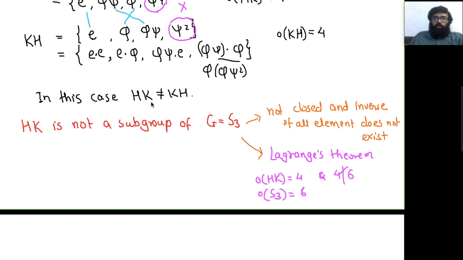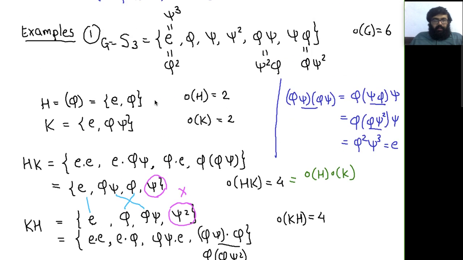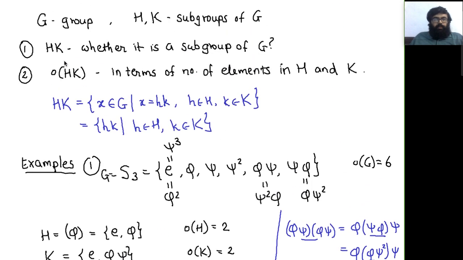One thing to observe is that HK is not equal to KH, and here we observe that this is not a subgroup. So two things: HK is not equal to KH and HK is not a subgroup. The reason is Lagrange's theorem, or directly we can say. The second thing we wanted to observe is the order of HK, whether it's a subgroup or not.